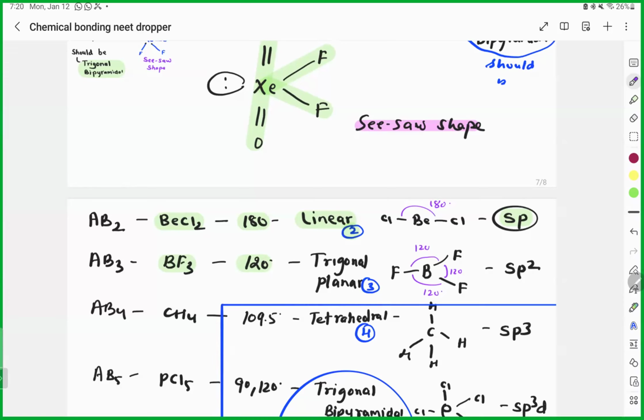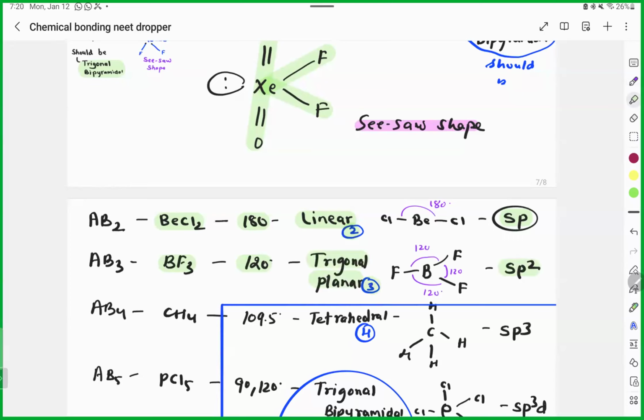Yes guys, so if the number is 2, hybridization will always be sp and shape will be linear if no lone pair. If the number is 3, hybridization is always sp2 and shape will always be trigonal planar if no lone pair.